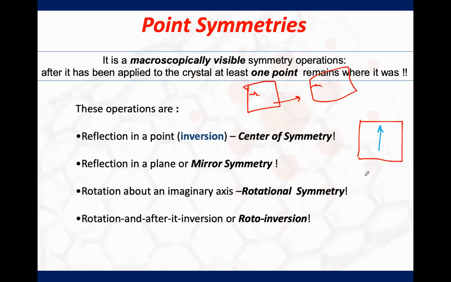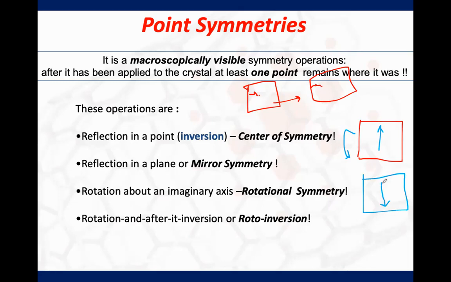But after the operation, if you want to make it an inverted crystal, you put it upside down, then what happens? The arrow will be at the bottom, but all the geometrical features, lengths and all, will be the same.